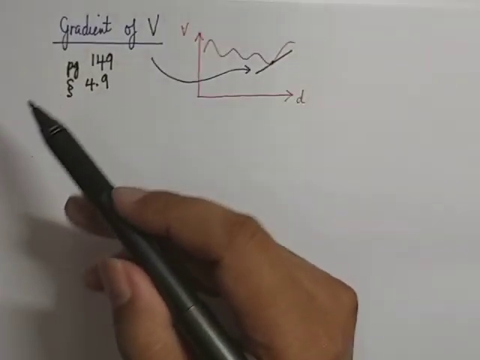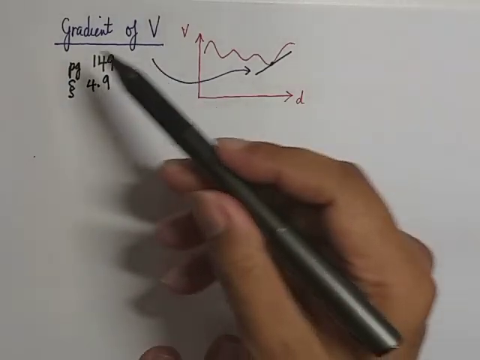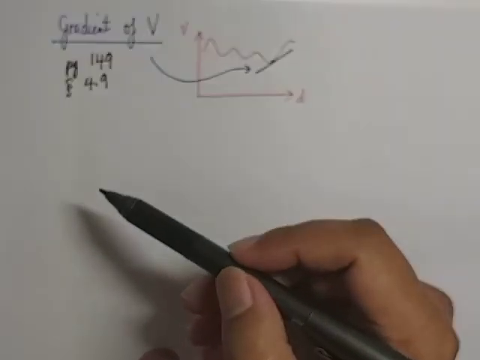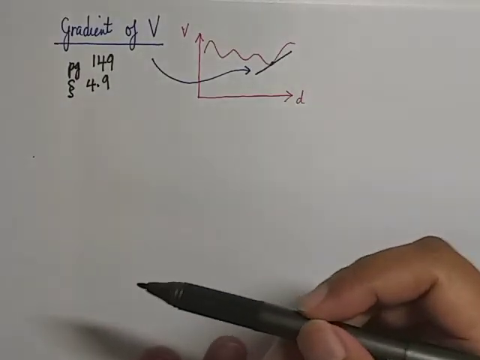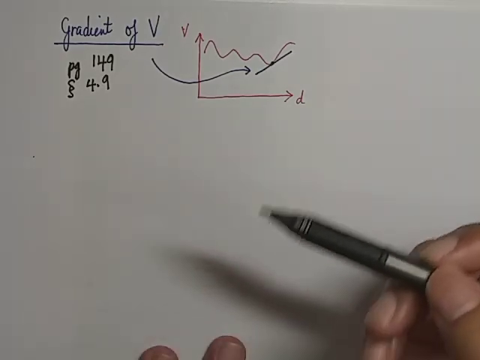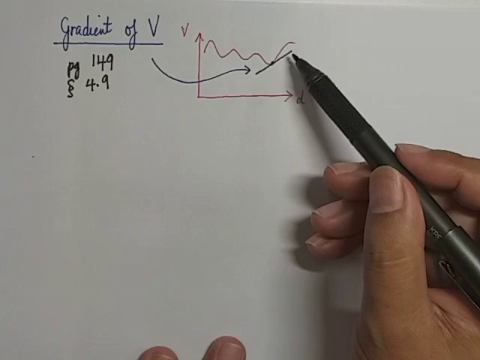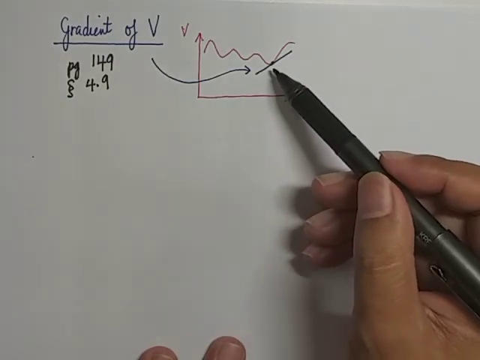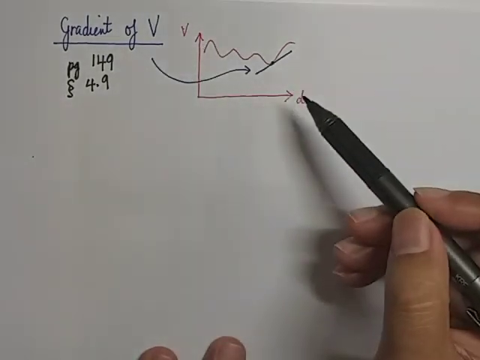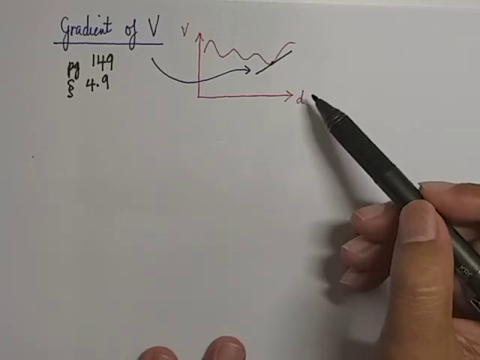Sadiku does explain the issue in quite some detail, but for me, I'm just going to summarize. Going straight into the issue: what information is actually contained in this slope of V against, let's say, position? That's what we're going to discuss.